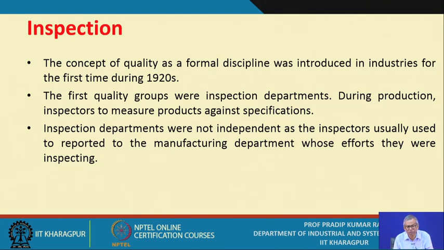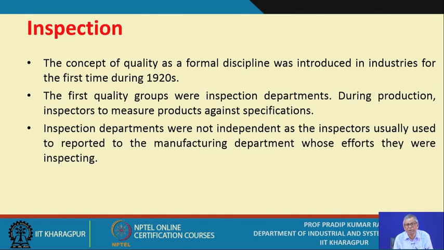The concept of quality as a formal discipline was introduced in industries for the first time during 1920s. The first quality groups were inspection departments. During production, inspectors measured products against specifications. Inspection departments were not independent, as the inspectors usually used to report to the manufacturing department whose efforts they were inspecting.